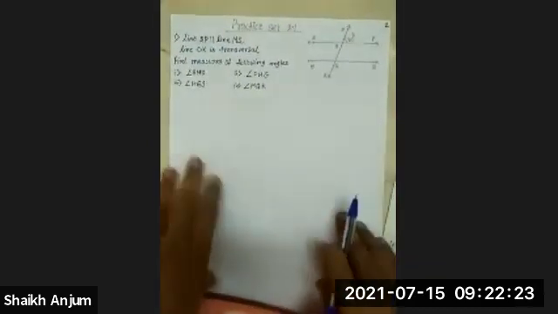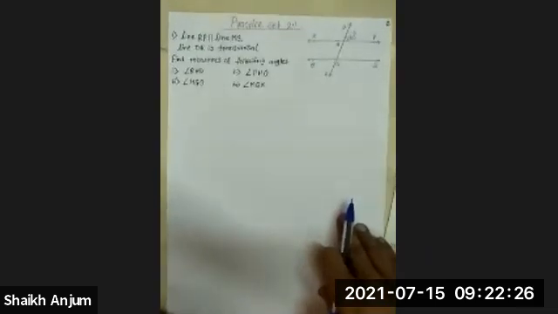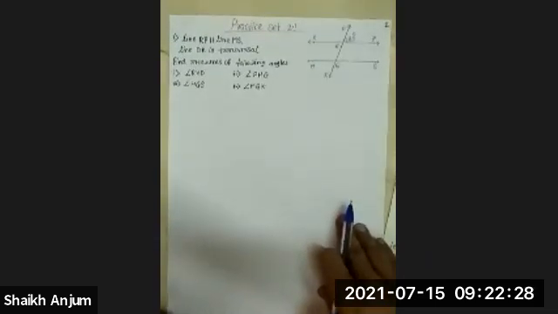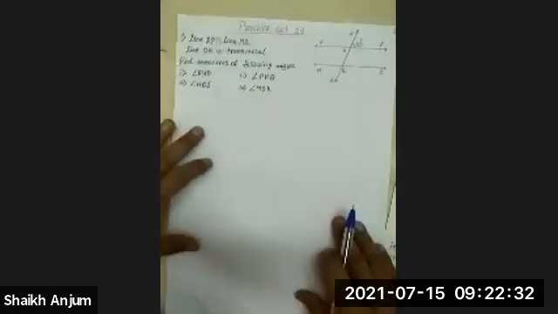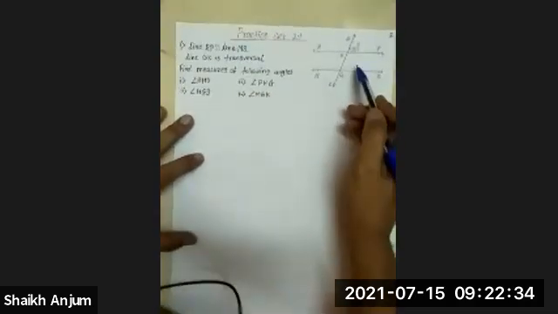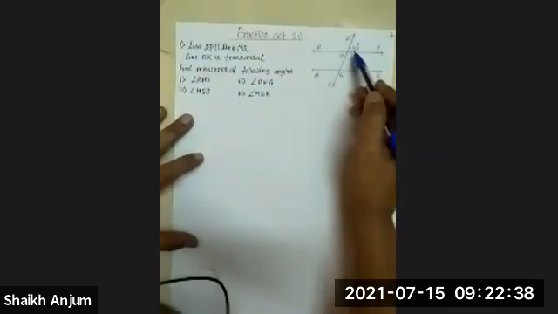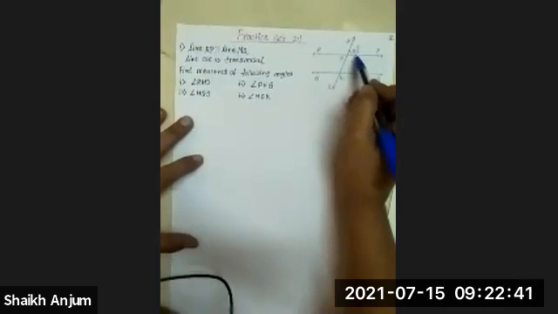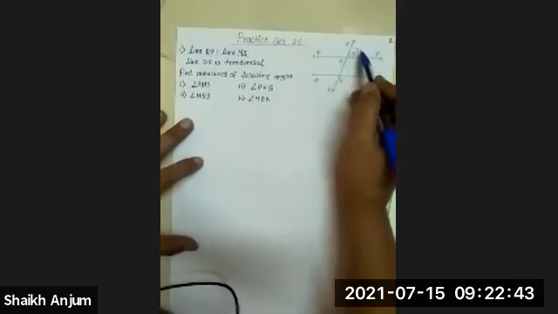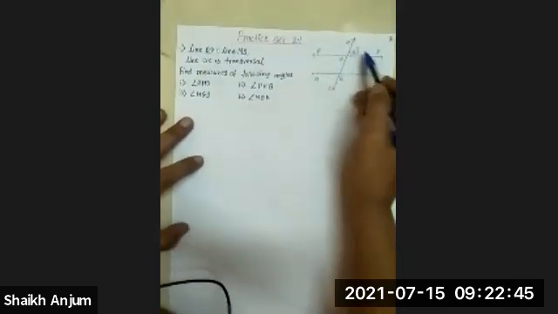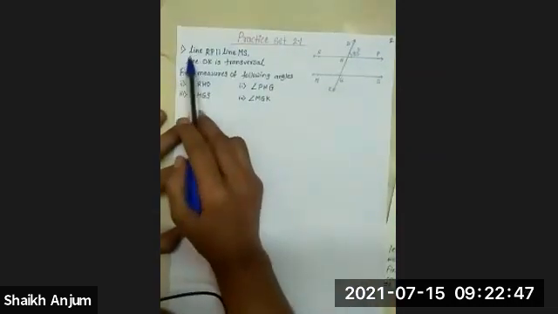Here is the first example of practice set. Now you can see the diagram, and in this diagram one of the angles is given. Its measurement is 85 degrees. Now what is given here?